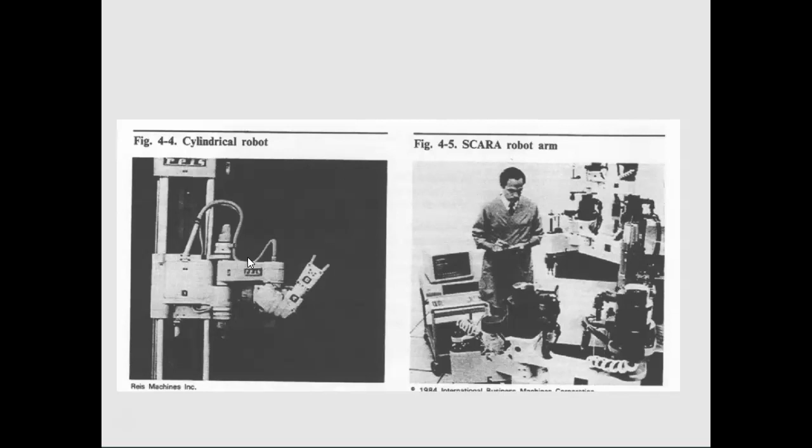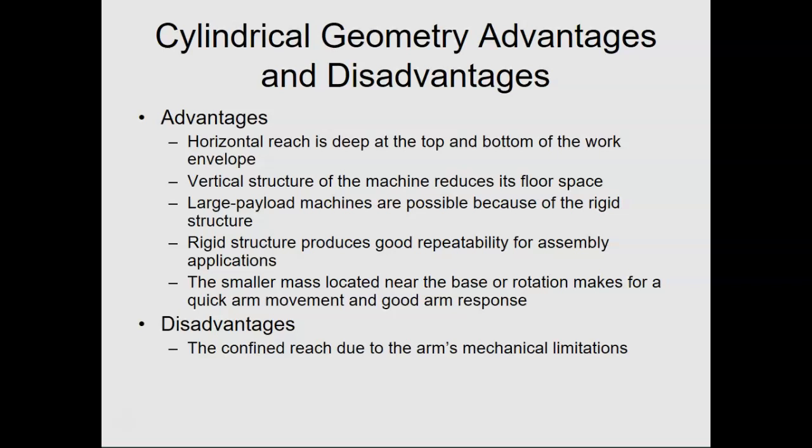So again, you have a cylindrical robot, and then you have what's called a SCARA, a selective compliance articulated robot arm. So for cylindrical, the advantages and disadvantages. Advantages are that you have a deep horizontal reach at the top and bottom of the work envelope. The singular vertical structure has the ability to reduce floor space, which in most places is fairly important.